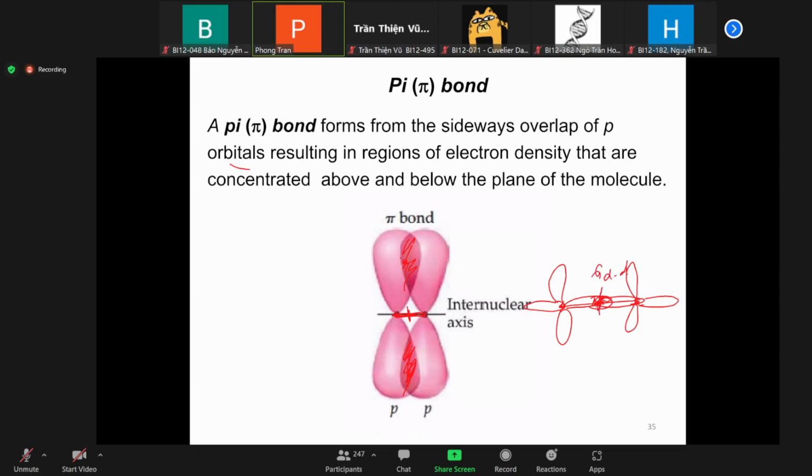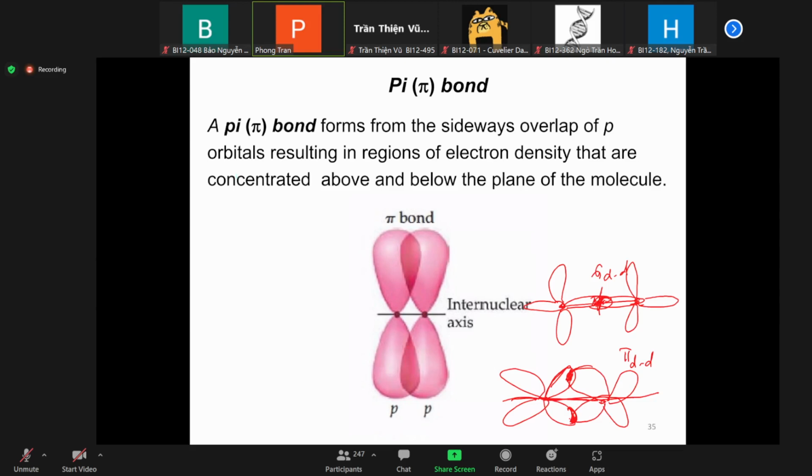But you can have also, in this case, the side overlap, and if you take the line between the nuclei, then the overlap will be above and below. So that means here you have pi dd. Okay. So the message is the pi bond can be generated from the p orbital, but can be also generated from the d orbital.